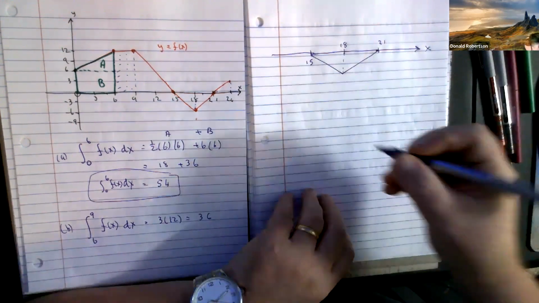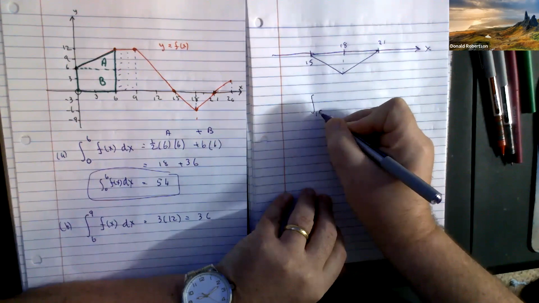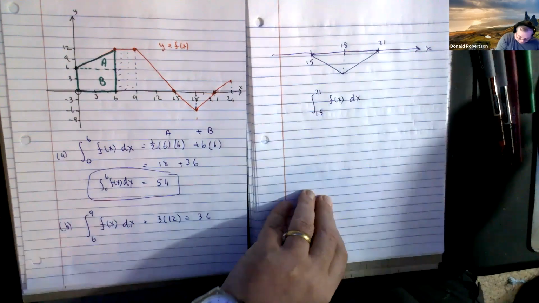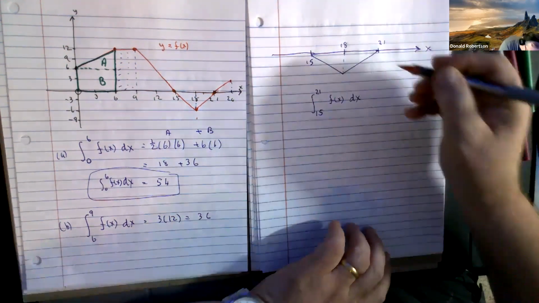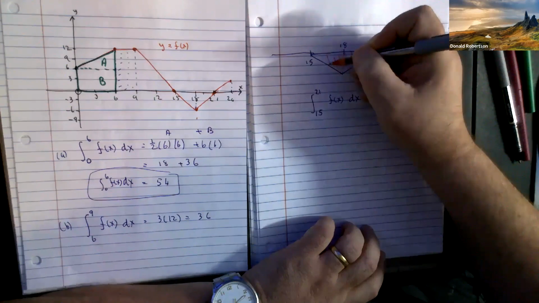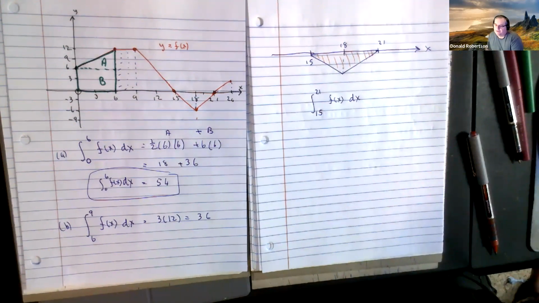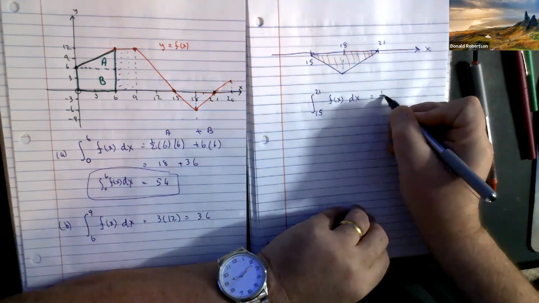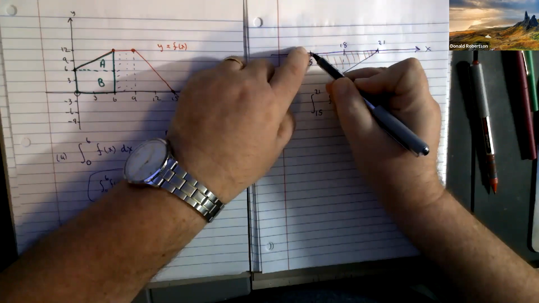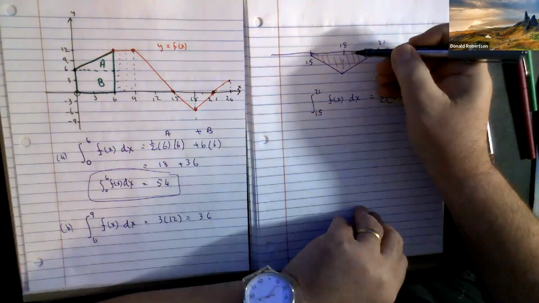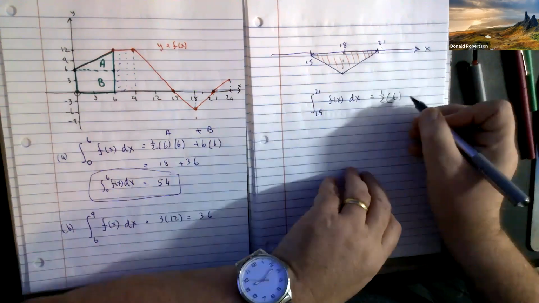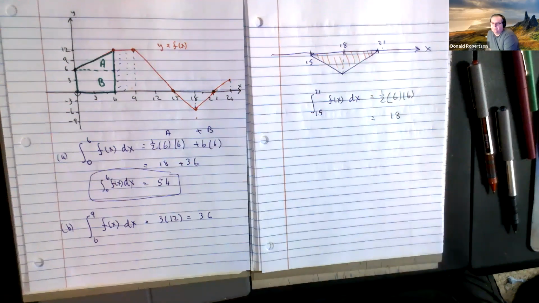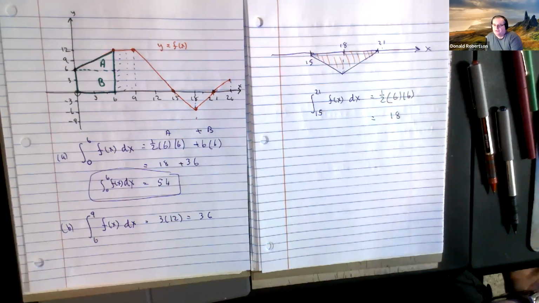And we are going to find the integral from 15 to 21. And we know the exact area under the curve is this piece here, right? So far, so good. Now, this triangle is half the base, right? From there to there is 6. And the height, although it's not obvious if you count it, is 6. And you are going to think that the area is 18. So the area under the curve is 18.